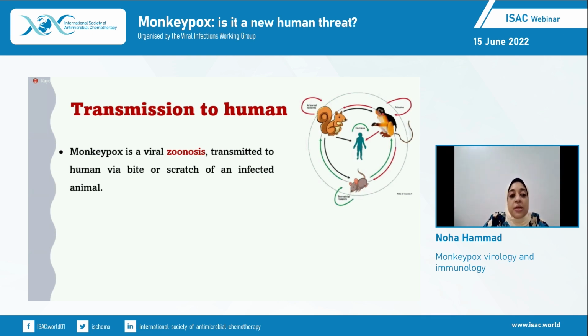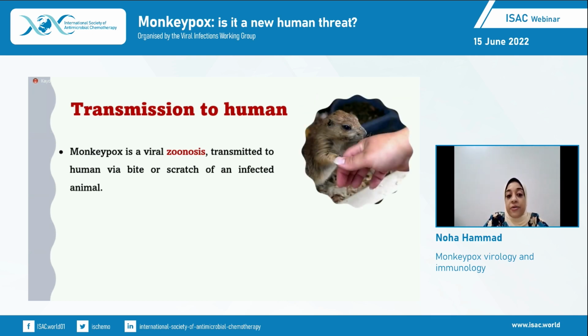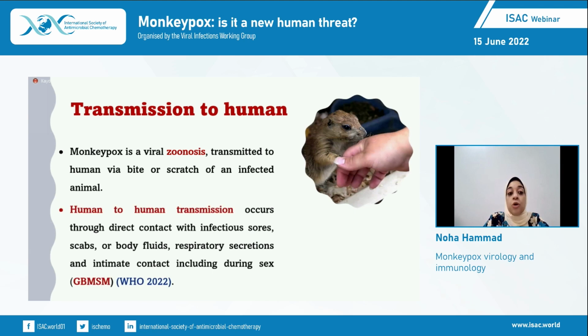Monkeypox is a viral zoonosis transmitted to humans through a bite or scratch from an infected animal. Human-to-human transmission also occurs through direct contact with infectious sources, scabs, body fluids, respiratory secretions, and intimate contact, including during sex, with the highest risk reported in the current outbreak among gay and bisexual men who have sex with men.